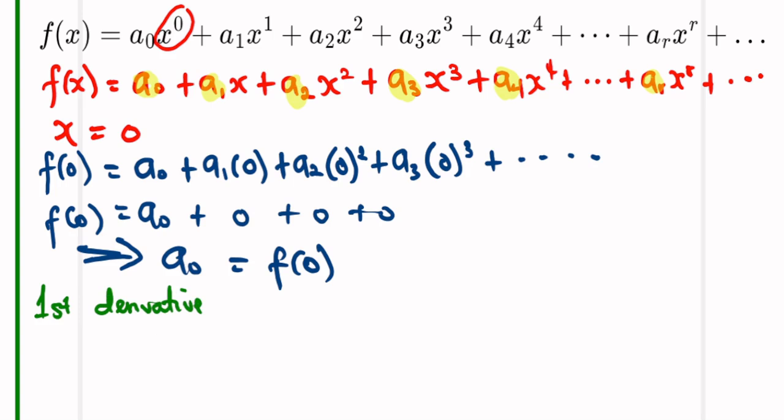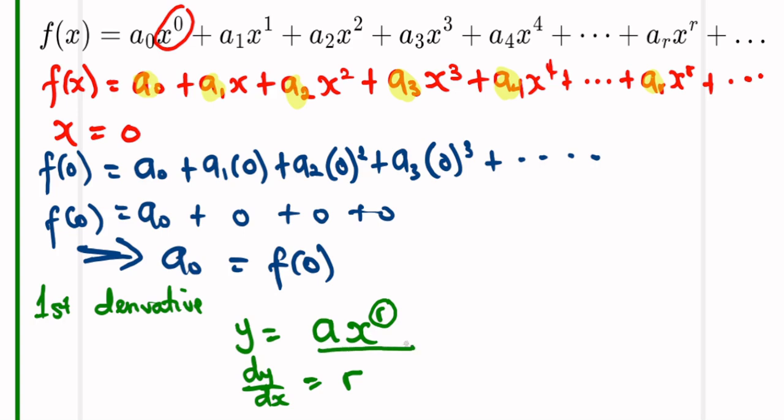If we are to differentiate, I would love to give us the formula for differentiation before we start differentiating. If we have y equal to ax raised to the power r, the derivative is dy/dx equal to r, that's the power, multiplied by ax raised to the power r, then we subtract 1 from the power.